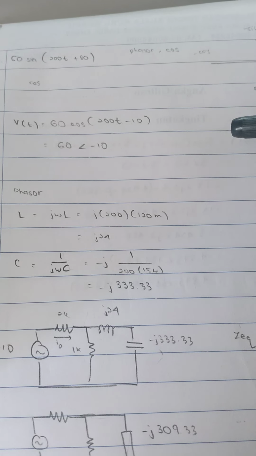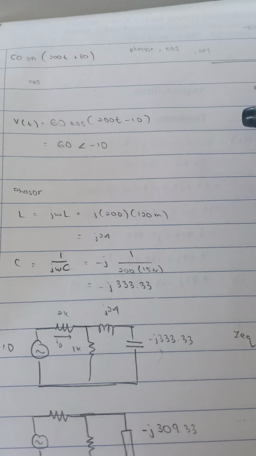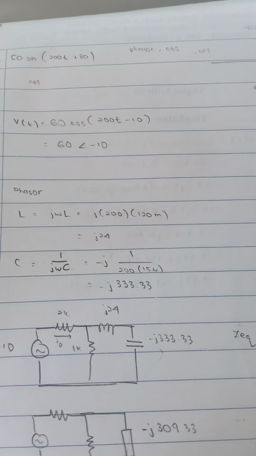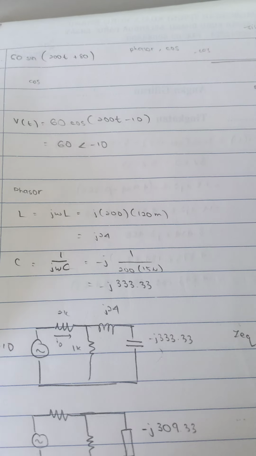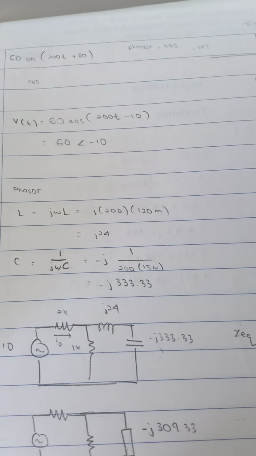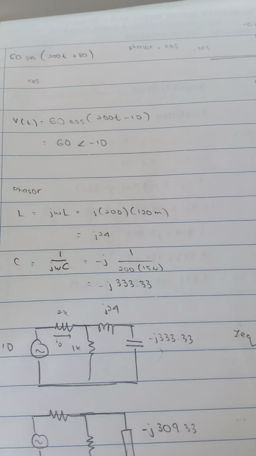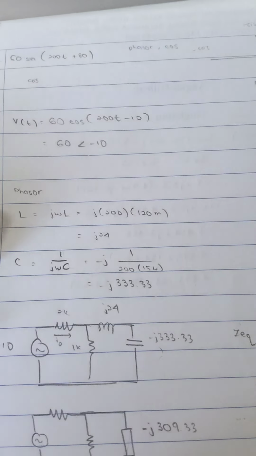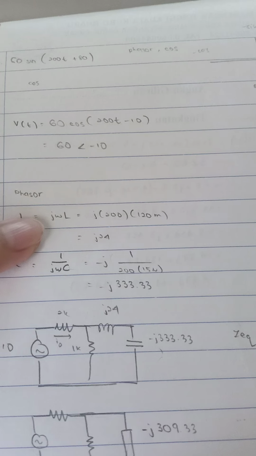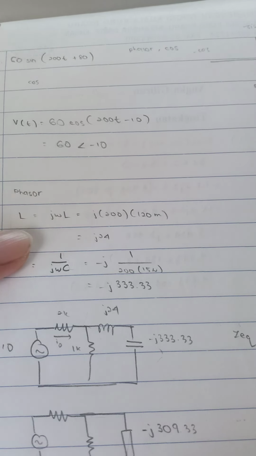Okay, next, it also has an inductance and a capacitance. The inductance is in Henry and the capacitance in Farad. So we need to change them into phasor form. To change the inductance, we use the formula j omega L, where j is the imaginary unit.